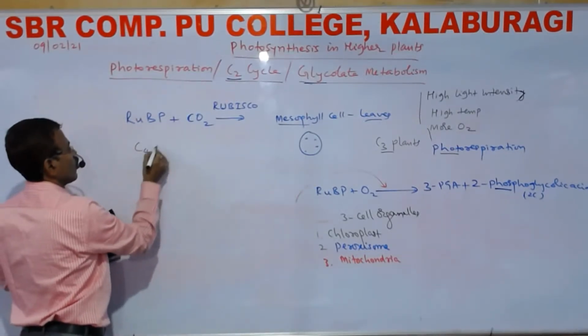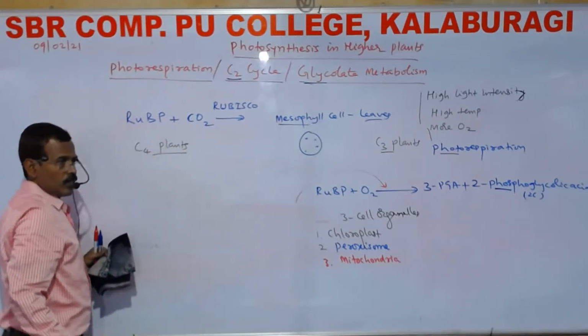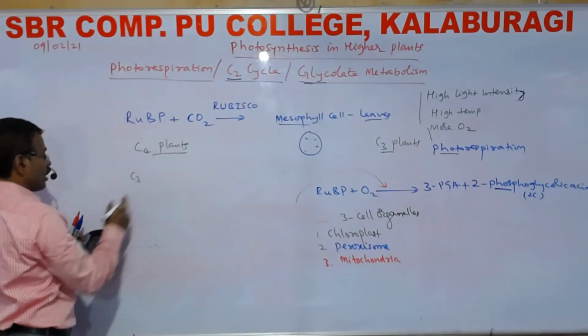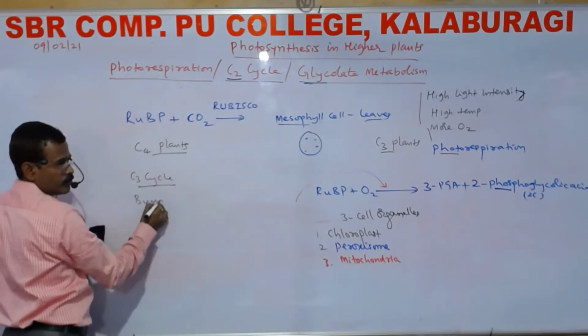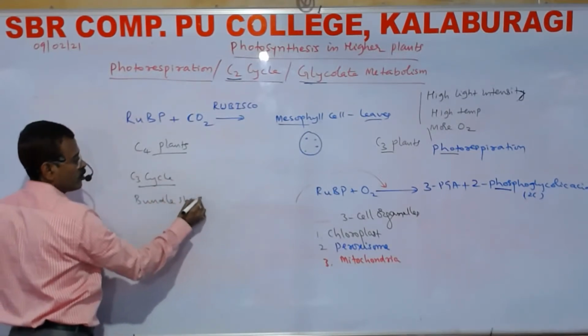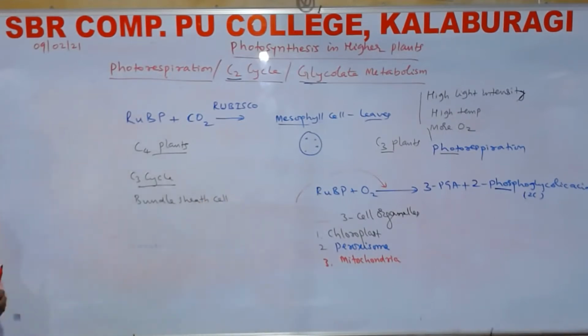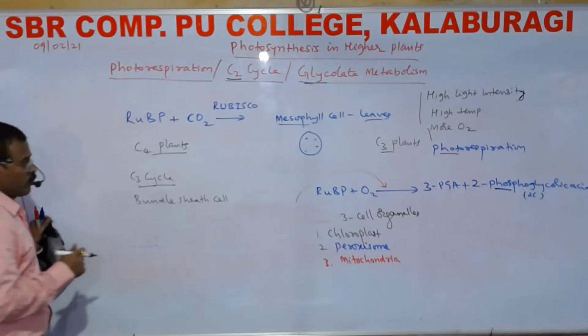In case of C4 plants, their C3 cycle will be operating in the bundle sheath cell which has chloroplast. Bundle sheath chloroplasts are larger in size, granal. Now, listen carefully.